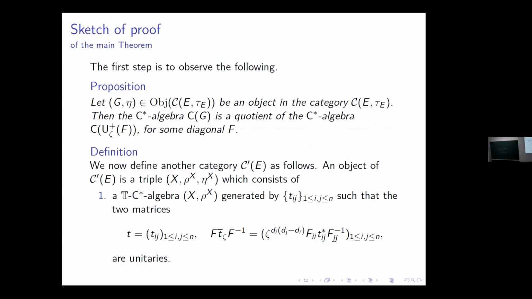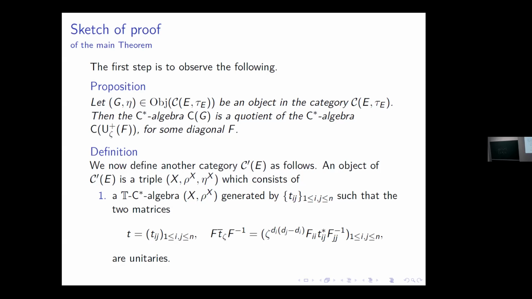Okay, so as the name suggests, it is the free quantum group. More or less all the braided compact quantum groups with certain restrictions should be a quotient of this one. The first proposition says more or less a similar statement.